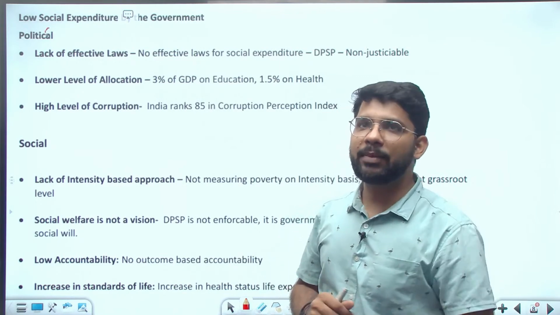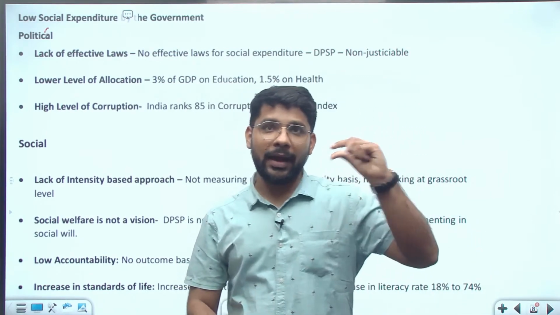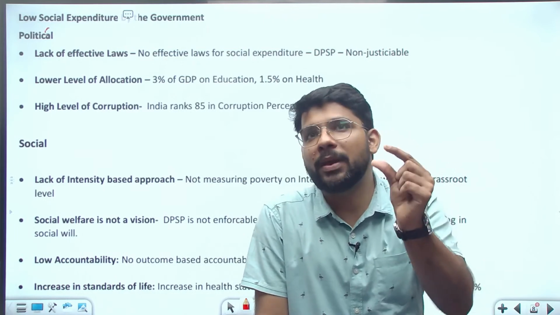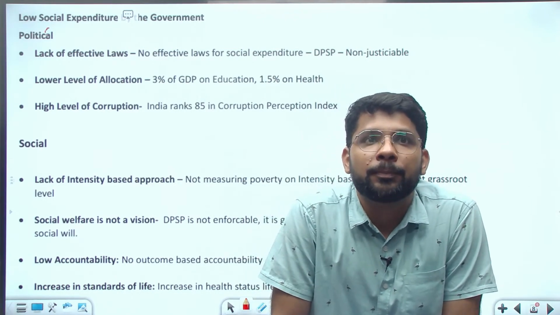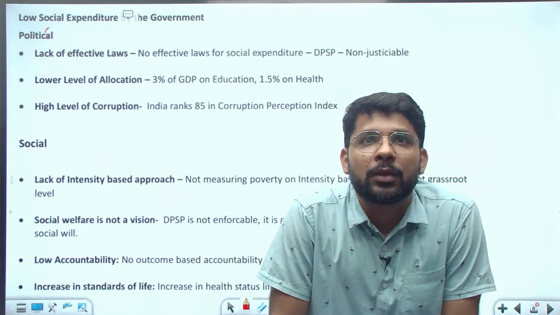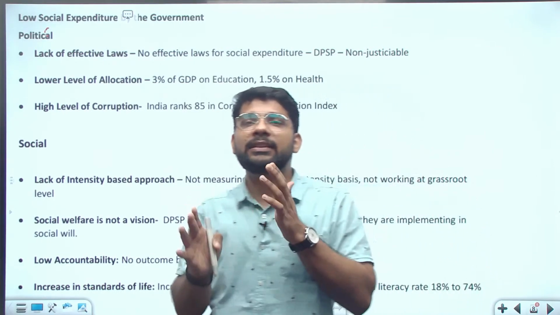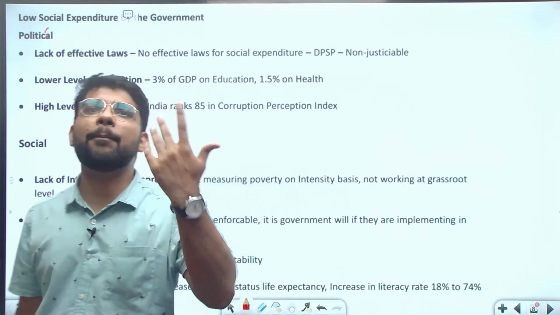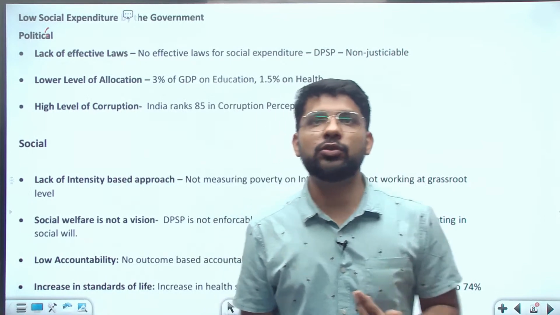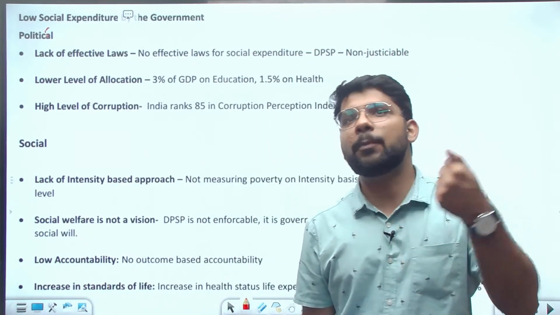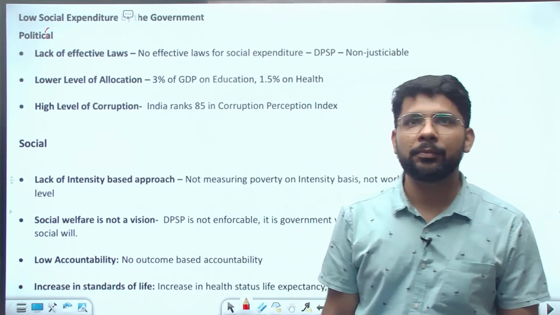As per the multi-dimensional poverty index, there is a higher depth of poverty, so we need to measure poverty at the highest intensity level. This lack of an intensity-based approach means that our measuring approach is not according to the present condition. We should change our methods of measuring poverty and hunger.